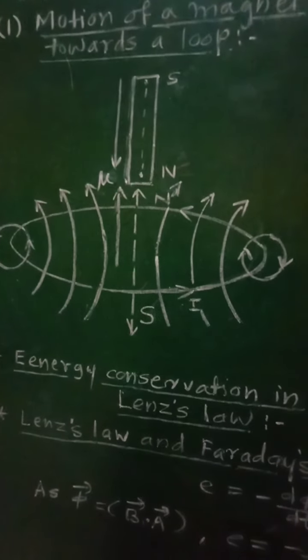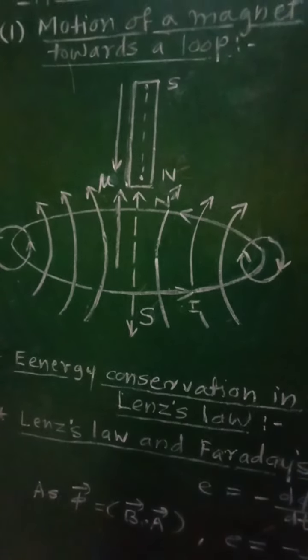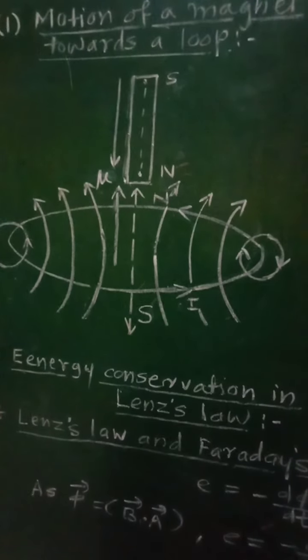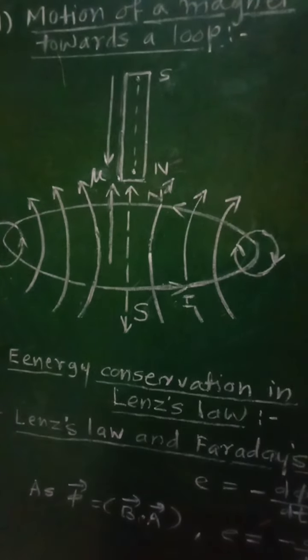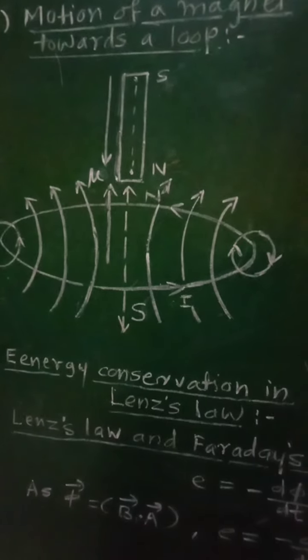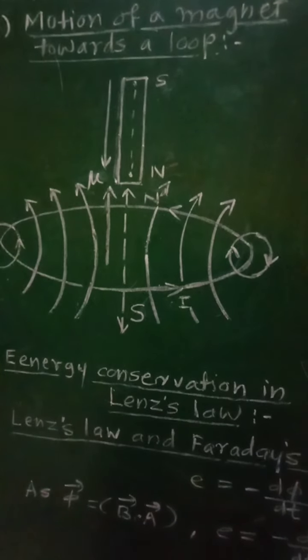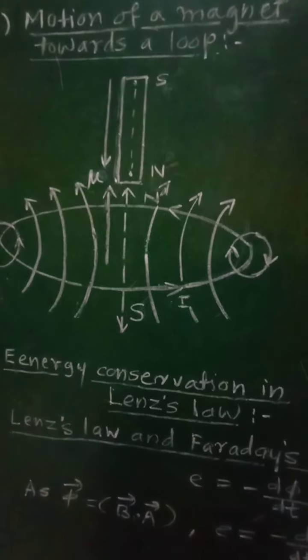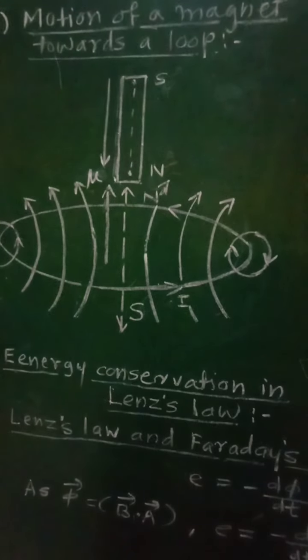Now instead of that, if the magnet is pulled away from the loop, a current will again be induced in the loop in such a way that the loop will have a south pole facing the north pole of the magnet.